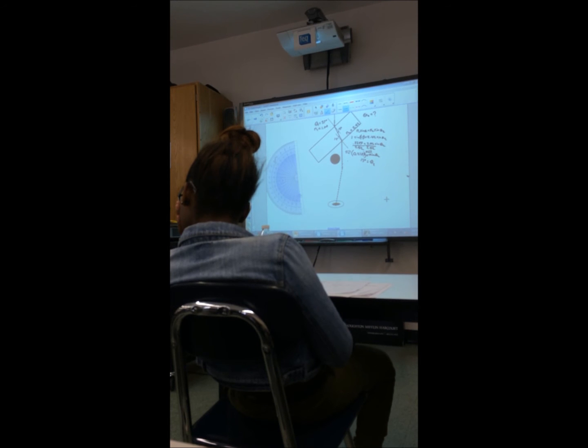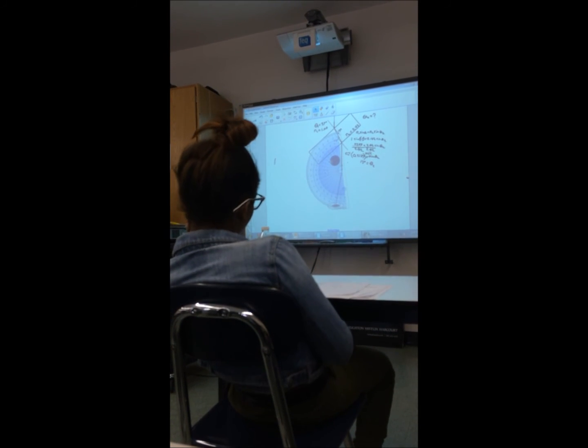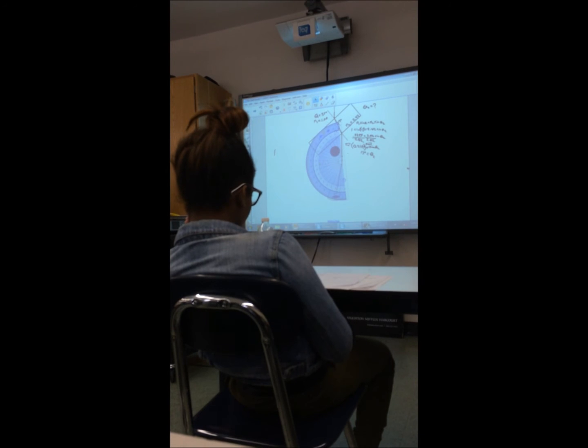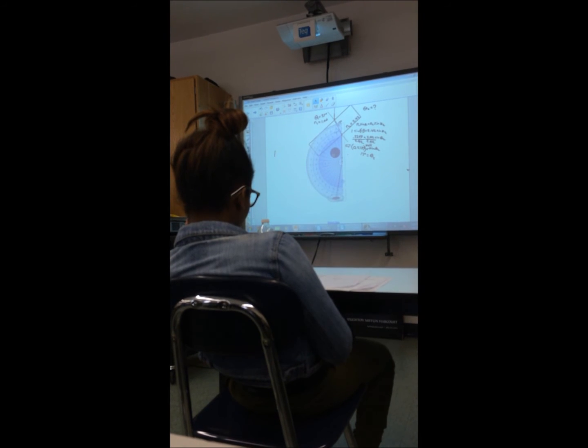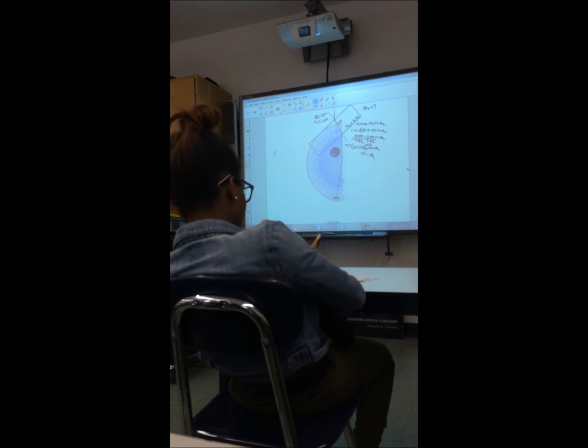In order to do that, the first thing we have to do is measure this angle. I'm going to take my protractor, and by angle I mean the angle between the incident ray and the reflected ray. I line my protractor up with the incident ray at the point of transition, where it bends, and then I measure the angle to where it's going.